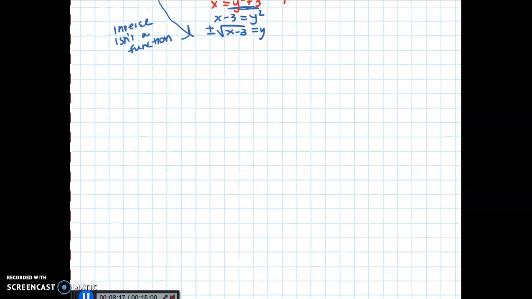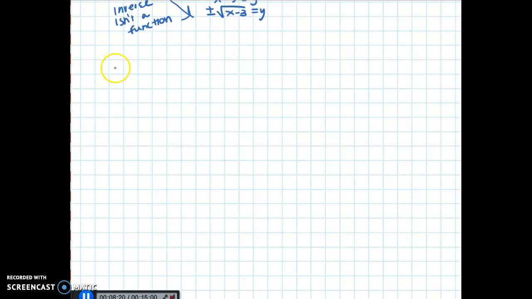So now let's consider a different function. How about f of x equals the square root of x plus 7? Now, if I wanted to find the inverse of this, I would go through and exchange my x and y. So I have x equals the square root of y plus 7.